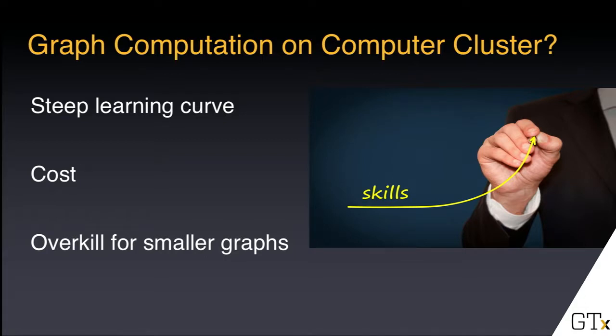And also there's a cost in using a computer cluster. There's the hardware cost potentially, and also the cost of acquiring people who know those skills. And more importantly, for smaller graphs, such as graphs at the million scale, it is actually overkill. For such graphs, it may only be a couple hundred megabytes, so it can easily fit in an everyday computer these days.